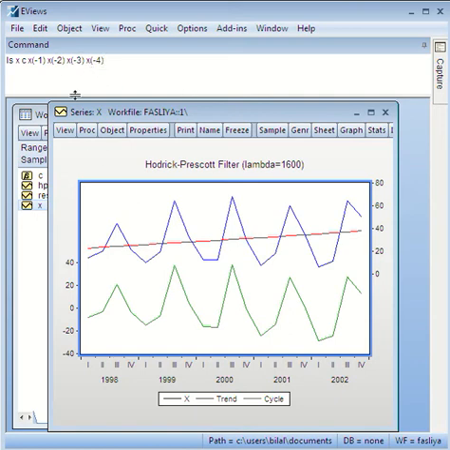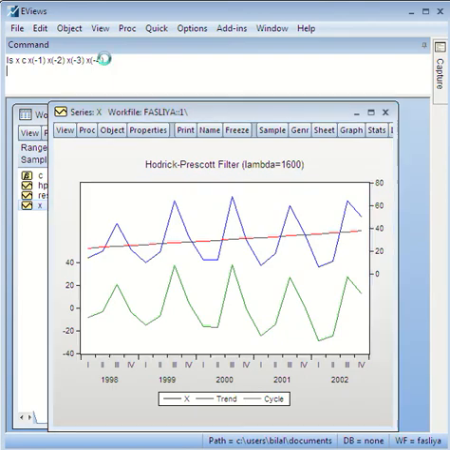We do this because our series is quarterly, because each year is divided in 4 components. We press enter on the keyboard.